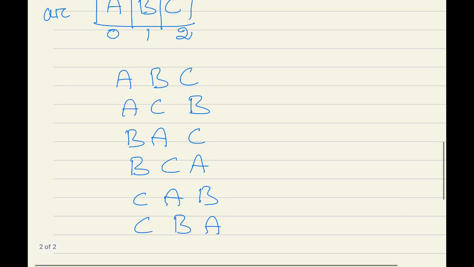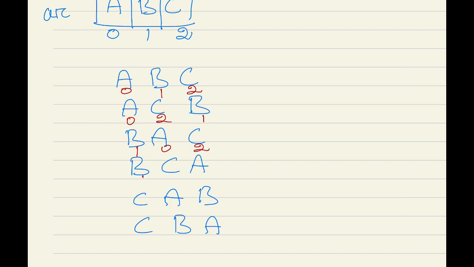So here you can observe, if we consider the index, so here the index is 0, 1, 2, then 0, 2, 1, then 1, 0, 2, then 1, 2, 0, then 2, 0, 1, then 2, 1, 0.